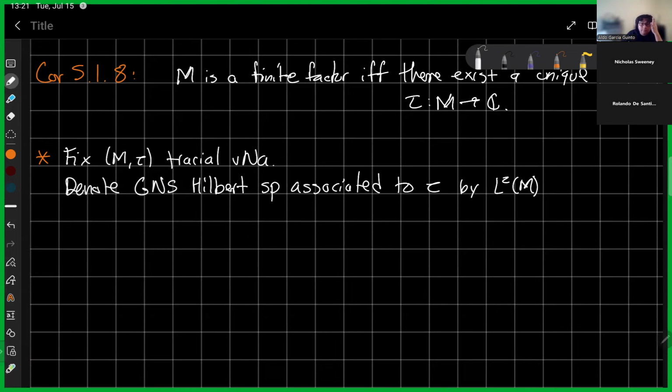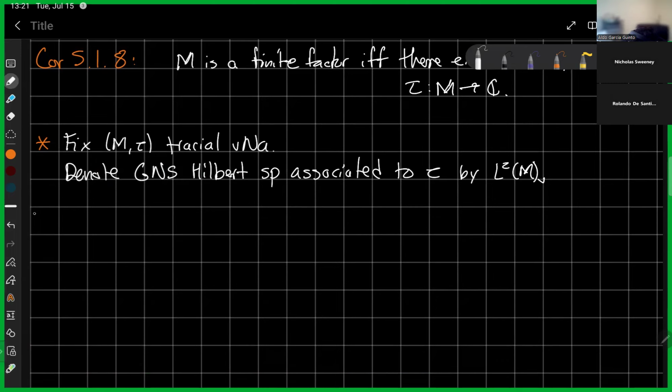The inner product here comes from the following: the inner product of x and y is the trace of y star x.